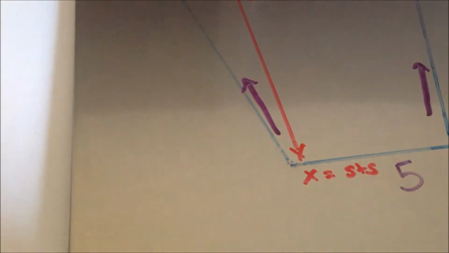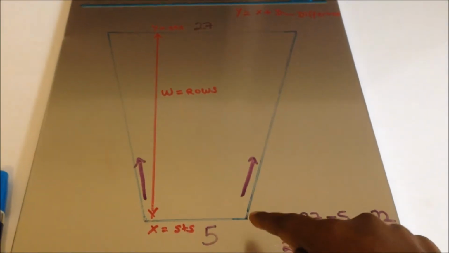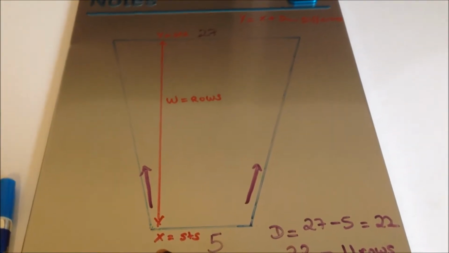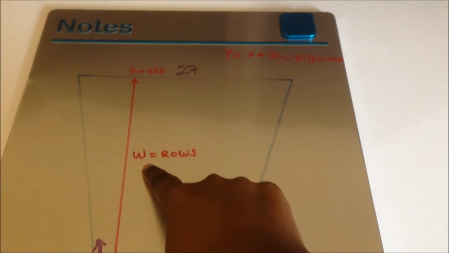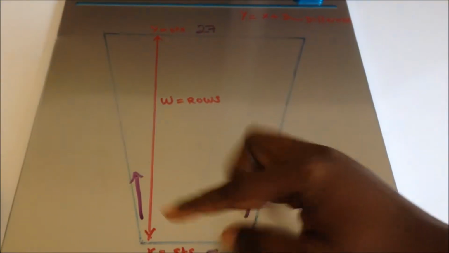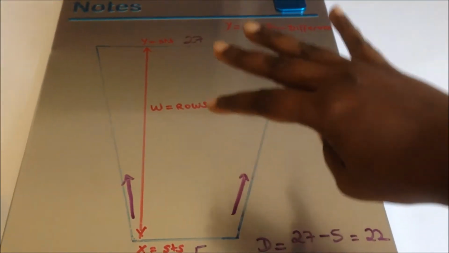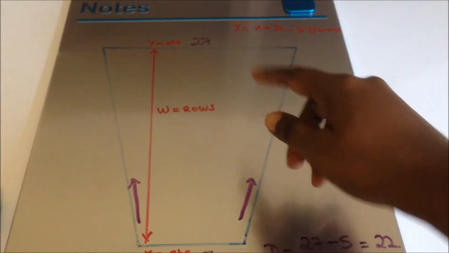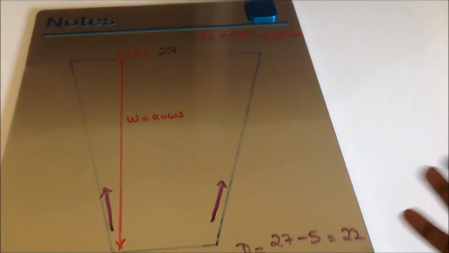Now I have drawn out a very simple diagram. These are your starting stitches, which I've put in as X, over a number of rows, W, and your ending stitches, Y. In this diagram, I've increased my stitches going from my X to my Y, but you could very easily turn this around and be decreasing, and that would be your X and this would be your Y. It wouldn't really matter.